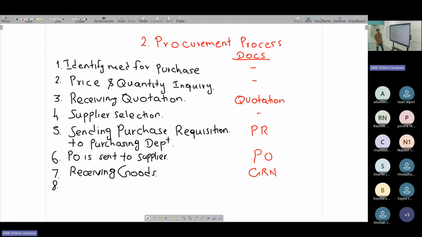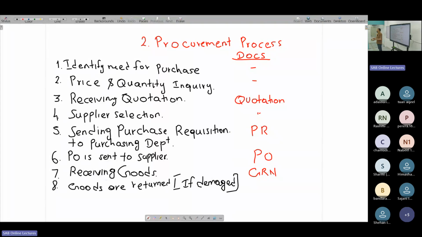So now we will take receiving goods, and after receiving the goods and generating the GRN, now if goods are damaged, what is the document we are using when we are returning the goods?